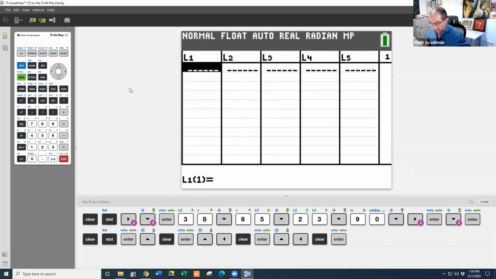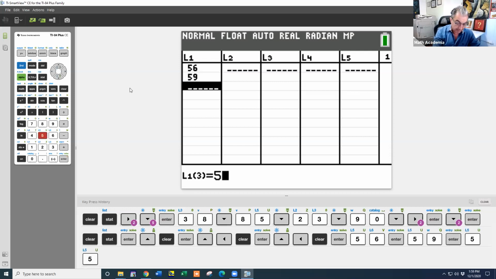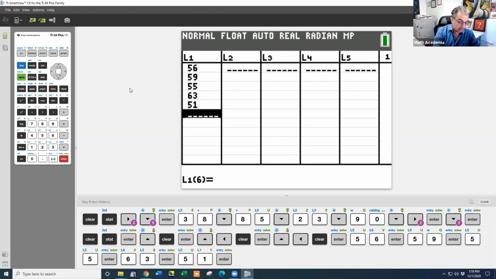Then you can input in L1 the A's, or in this case, you can say before. So let me enter that. We have 56, then 59, then 55, then 63, and 51.